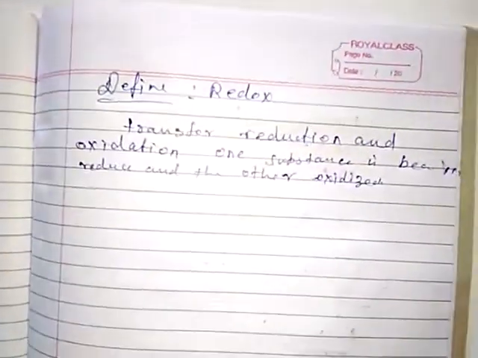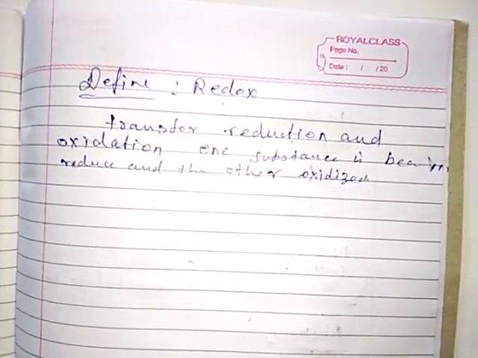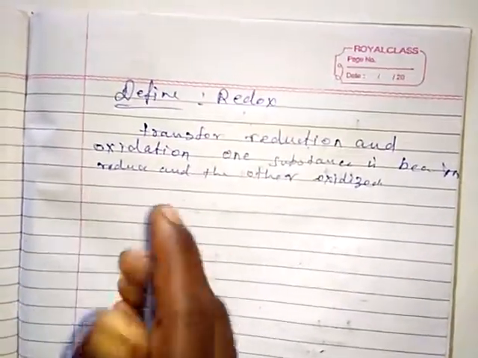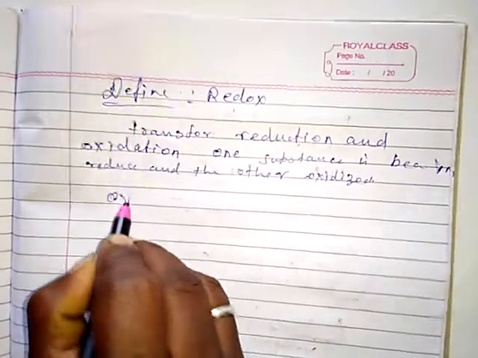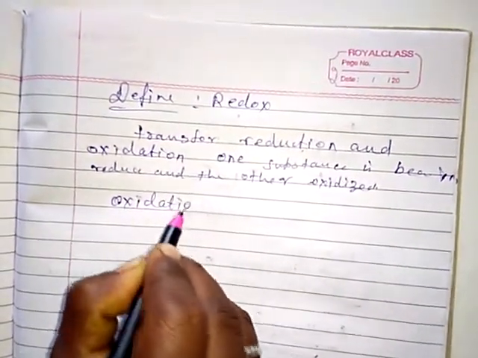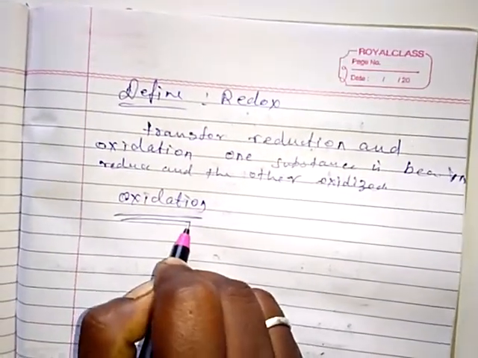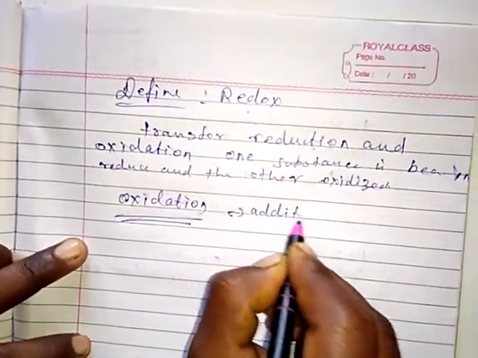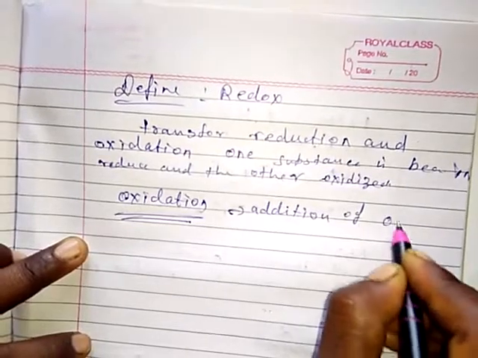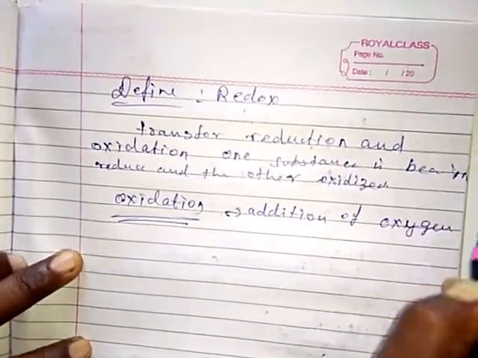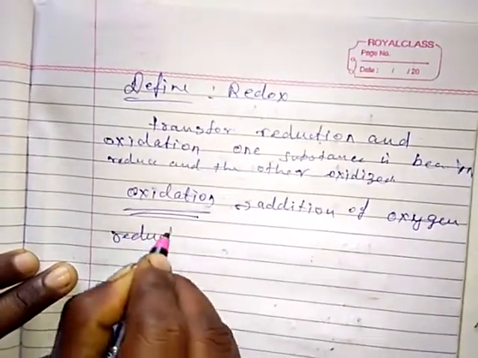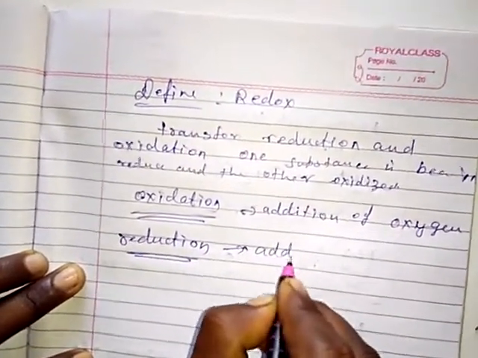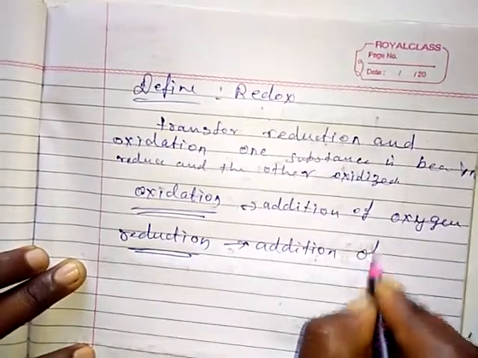First, let's understand the meaning of oxidation and reduction. In simple terms, oxidation means addition of oxygen, and reduction means addition of hydrogen.